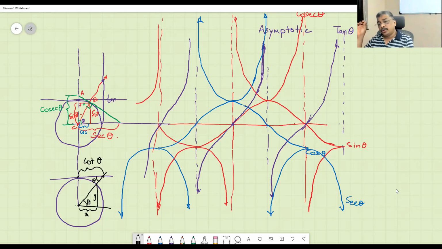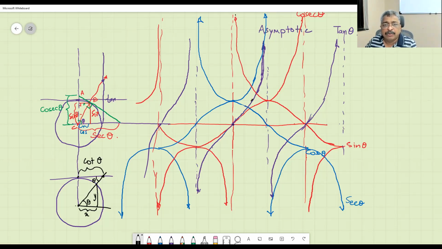So I have told you where geometrically sec theta is available, where geometrically cosec theta is available, and where geometrically cot theta will be available. I have shown you, and now the graph of cot will look like this. For cot, 0 and pi are not acceptable. So it is going to be decreasing.